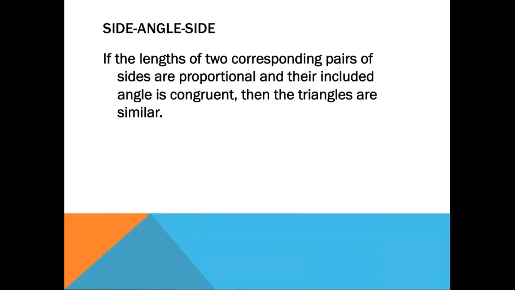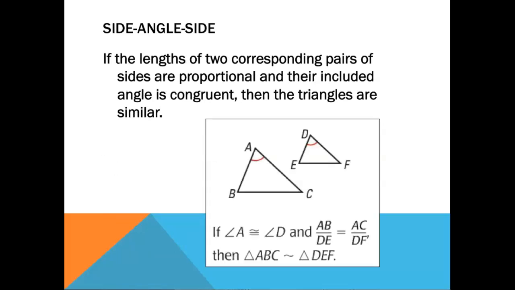So in this picture here, we have angle A congruent to angle D. And you also know that AB over DE is equal to AC over DF. Then you know that triangle ABC is similar to triangle DEF. Just like with congruent triangles, when we say side-angle-side, the angle refers to the included angle.